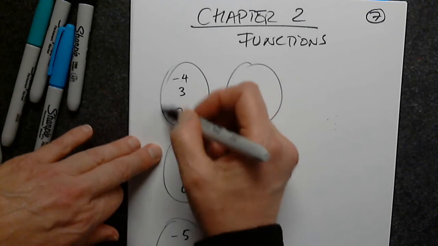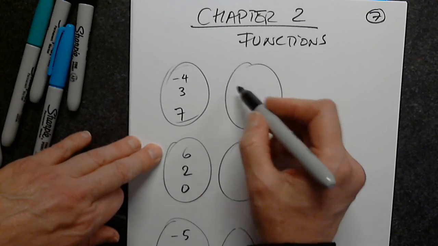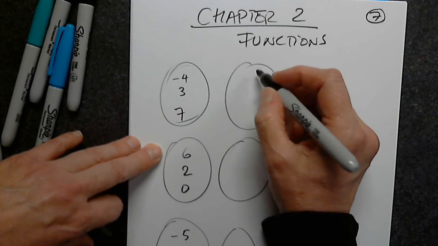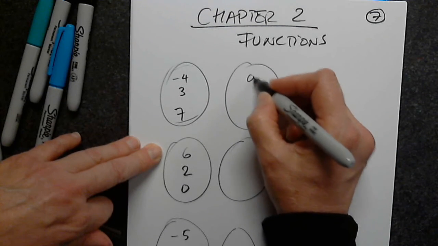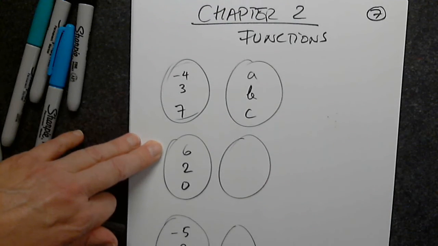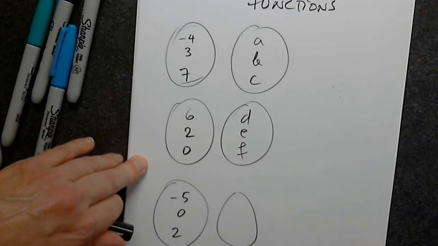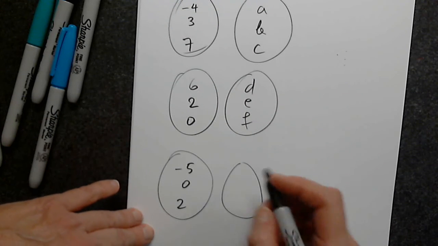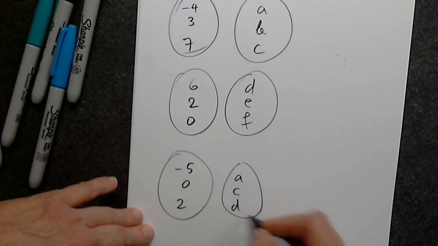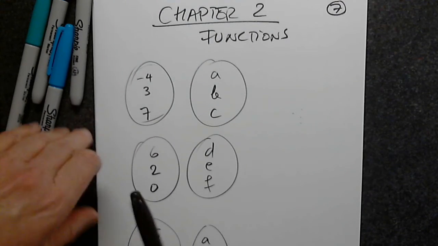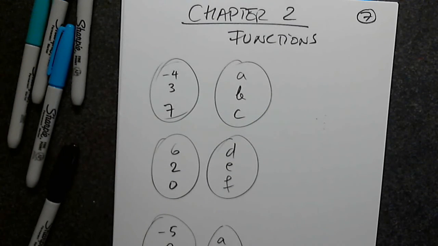So I have a set of numbers, and I'm going to create another set of numbers. I'm going to say A, B, and C. They're numbers. I have here D, E, and F numbers. And here I have A, C, and D. I'm deciding this.